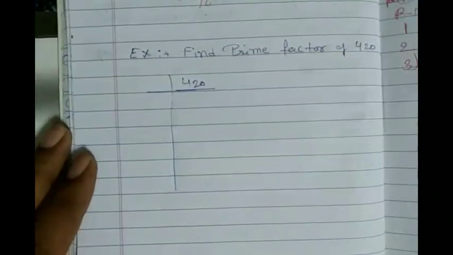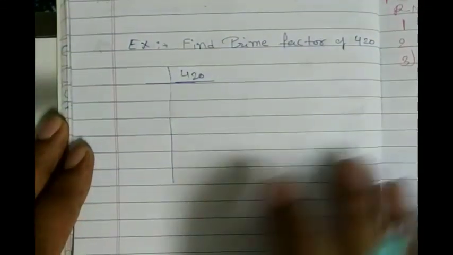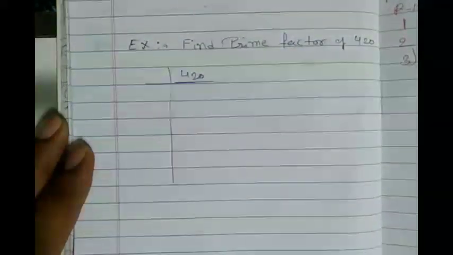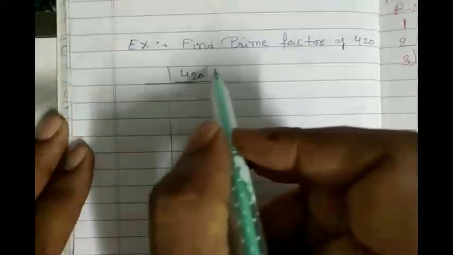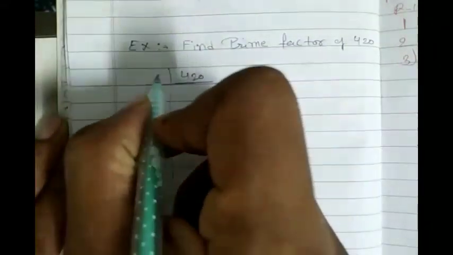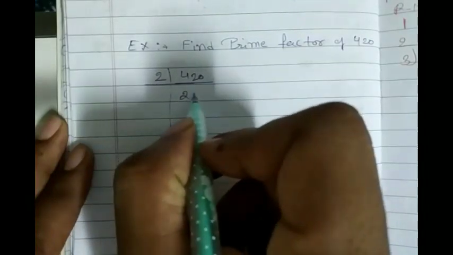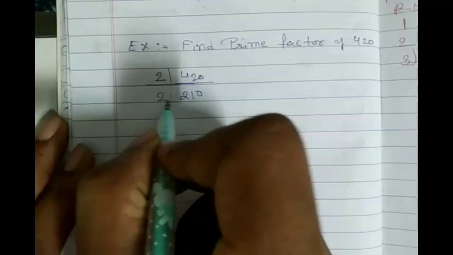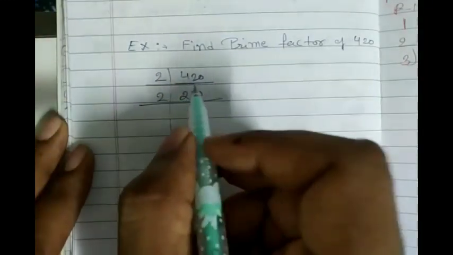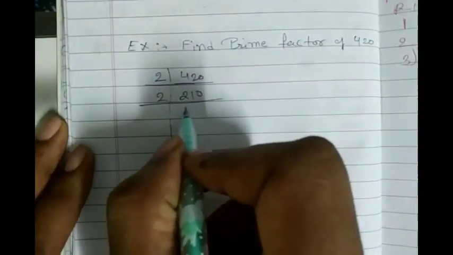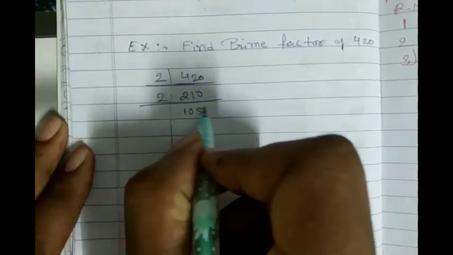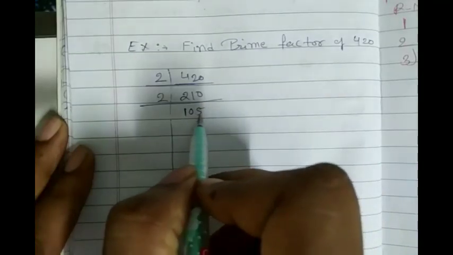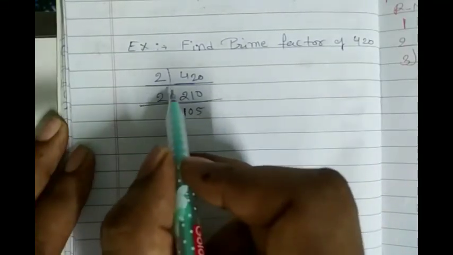As we know, the smallest prime number is 2, and the last digit is 0, as we learned in divisibility rules, so this number is divisible by 2. We get 210. Last digit is 0, so we divide by 2 again and get 105. Now the last digit is 5, so 105 is not divisible by 2.